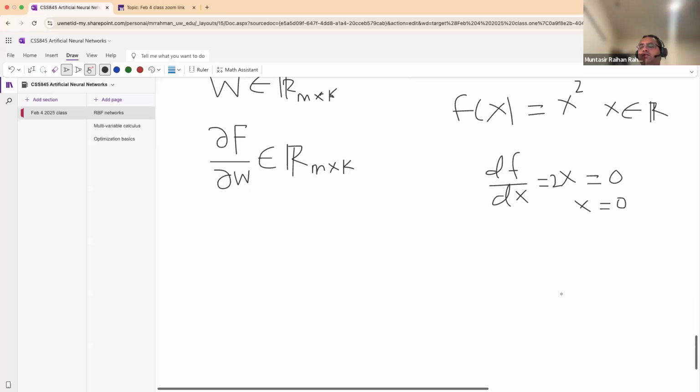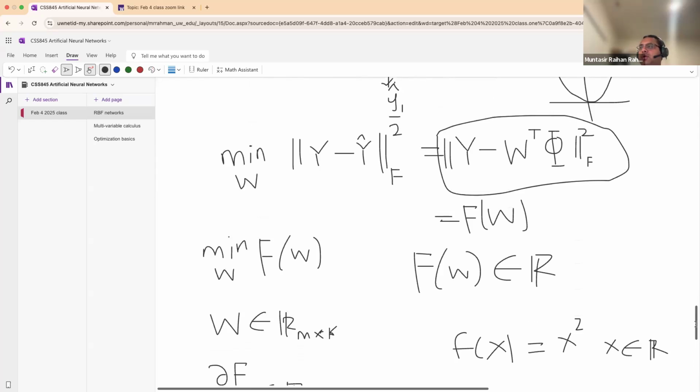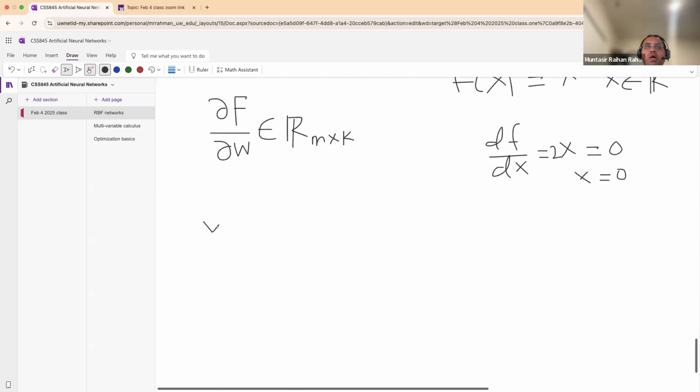Our objective is to do the same thing that we do in the scalar case, but for this more general situation. Now let's recall what we are trying to do here. This is what we are trying to minimize. So let's look at this quantity here, and see how we can massage it a bit. So we have y minus w transpose and a phi, right? And the objects inside this norm are all matrices.